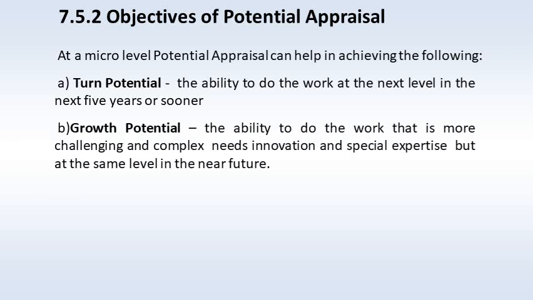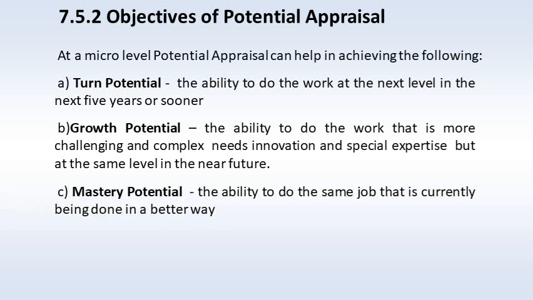B. Growth potential, the ability to do the work that is more challenging and complex, needing innovation and special expertise, but at the same level in the near future. And C, mastery potential, the ability to do the same job that is currently being done, but in a better way.